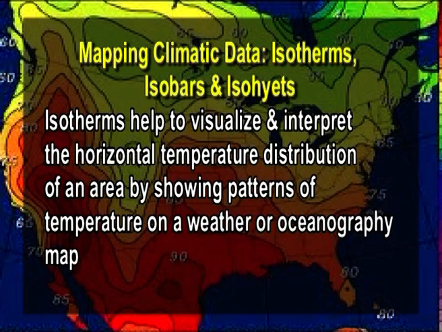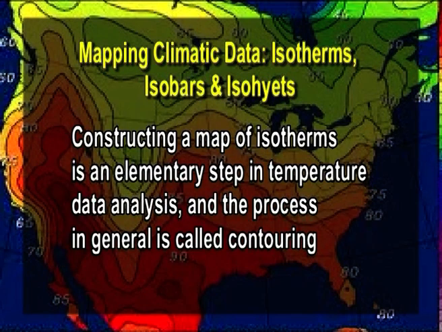Isotherms help to visualize and interpret the horizontal temperature distribution of an area by showing patterns of temperature on a weather or oceanography map. Constructing a map of isotherms is an elementary step in temperature data analysis, and the process in general is called contouring.